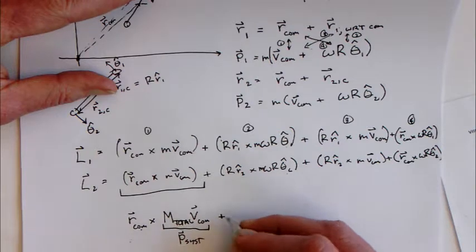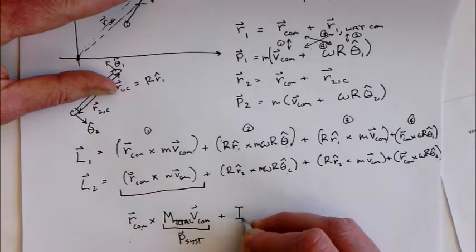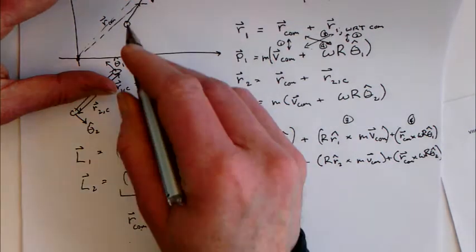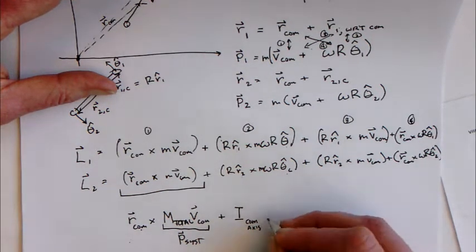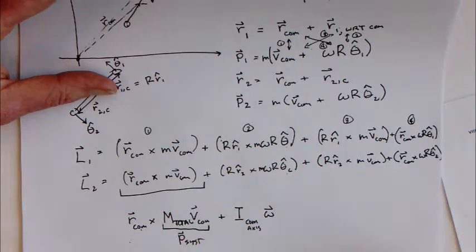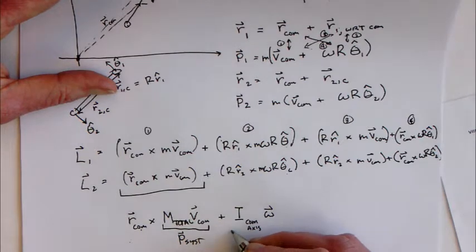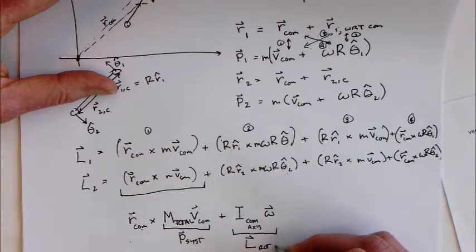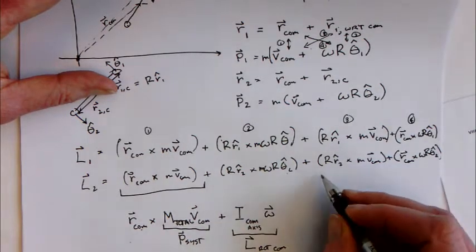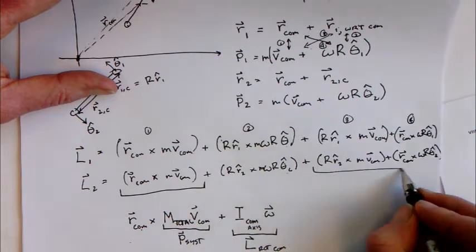In other words, it's plus the moment of inertia, but it's the moment of inertia actually about the center of mass, so about that axis that goes through the center of mass, times the angular velocity. Okay, so this is what this entire term is: L due to rotation about the center of mass.